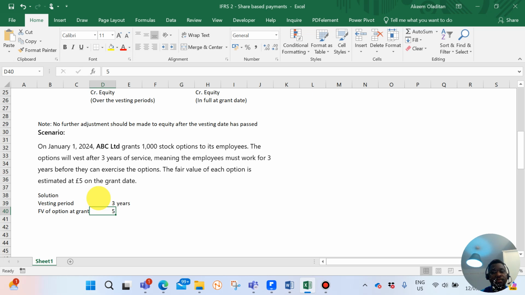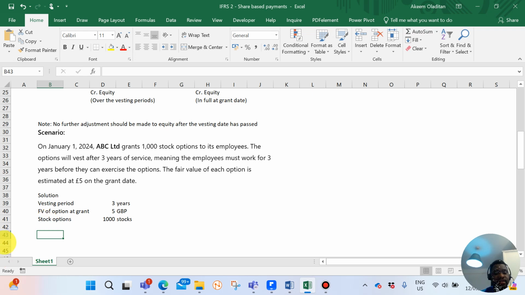So what is the total number of options? Stock options is in total 1,000 stocks. This one is in value of GBP. Now we need to calculate what the share based expense will be, and also what the liability will be.